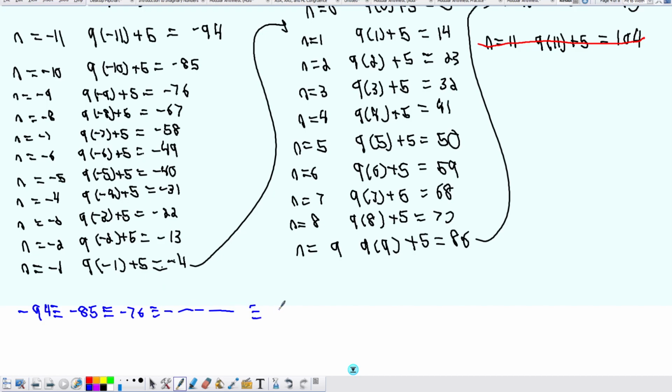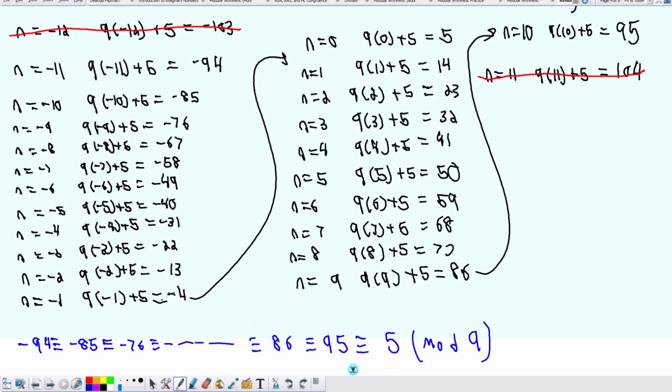As the same as 86, which is the same as 95, which is the same as 5 mod 9. So, there we have it.